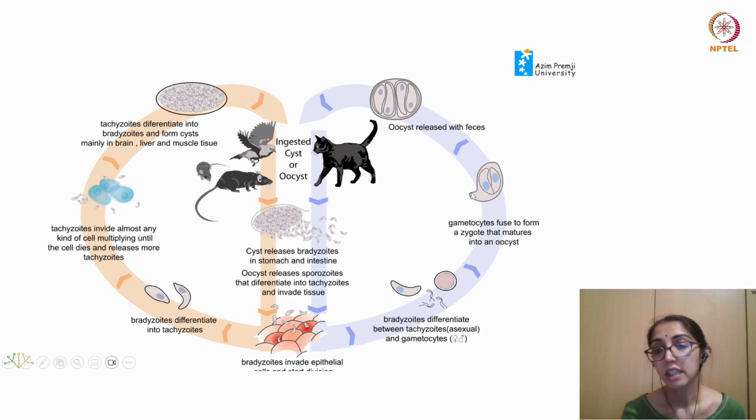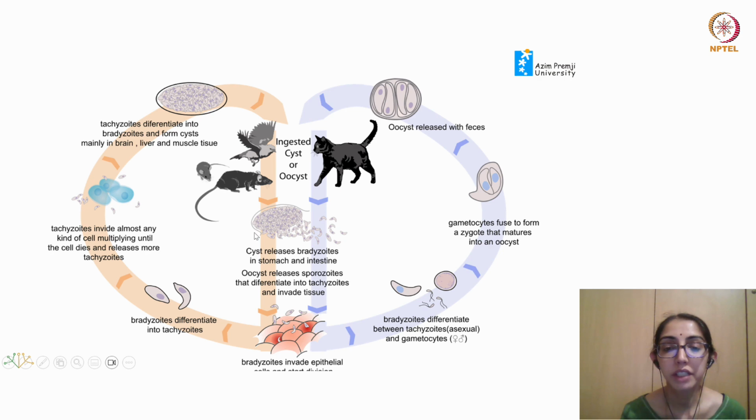Once it does this, the gametocytes fuse and form a zygote, and this matures into what is called an oocyst, right? This cyst is what is eventually released in cat feces, and these cat feces are basically a way for the parasite to get transmitted to other intermediate hosts, such as birds or rodents.